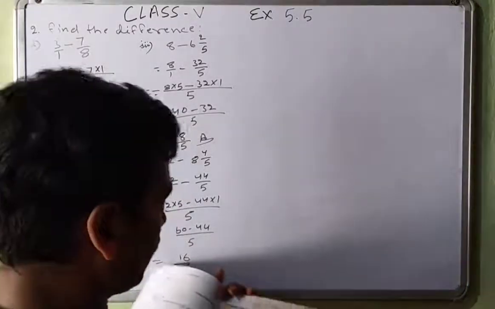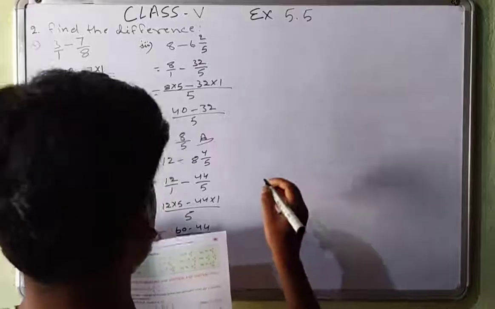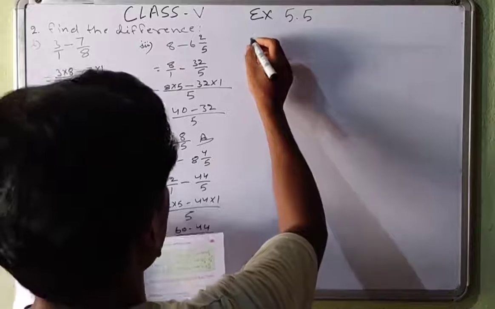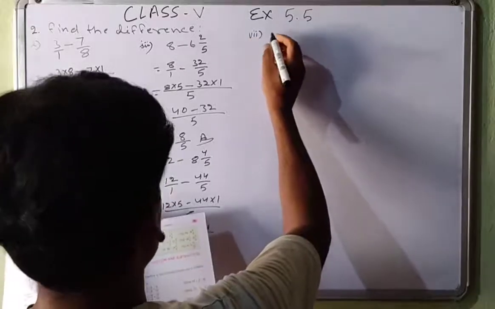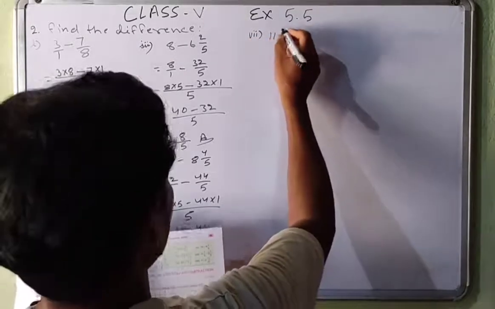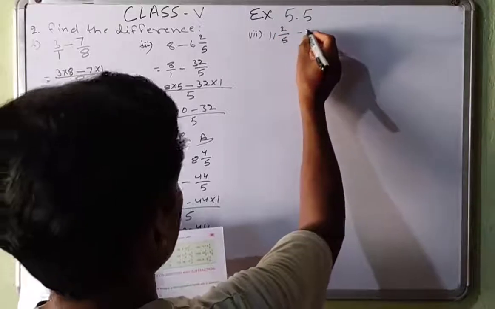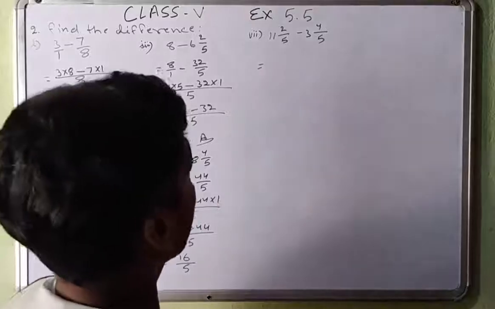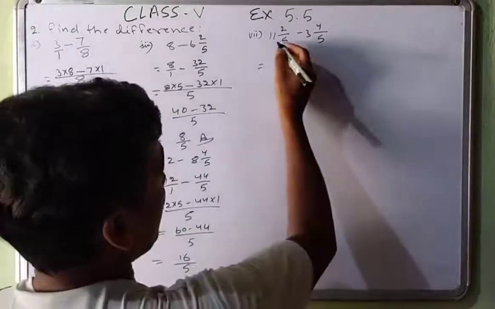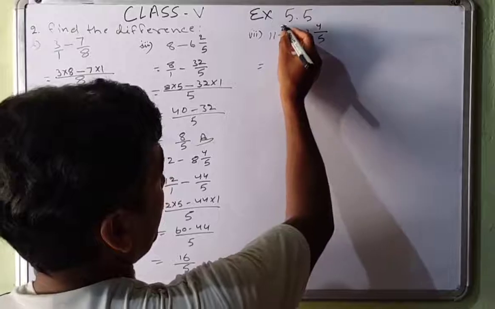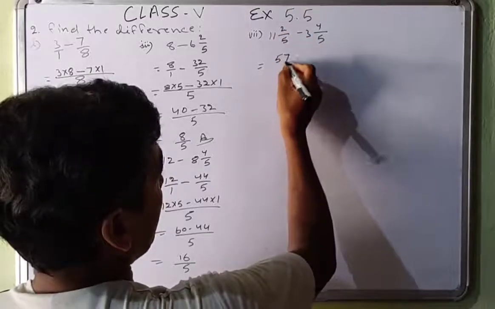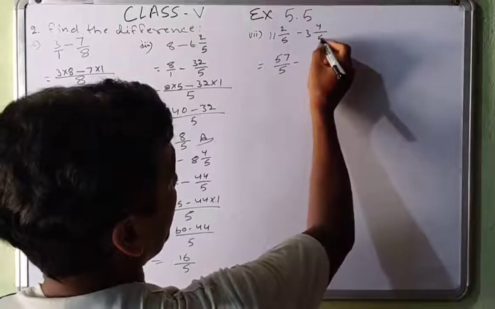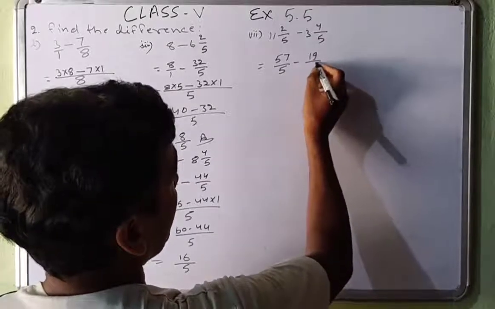And then after that, the seventh question. Fifth and sixth you will do at home. Seventh part, that is 11 whole 2 upon 5 minus 3 whole 4 upon 5. So first of all we will convert into improper fractions. 5 elevens are 55, 56, 57 upon 5 minus 5 threes are 15, 15 plus 4, 19 upon 5.